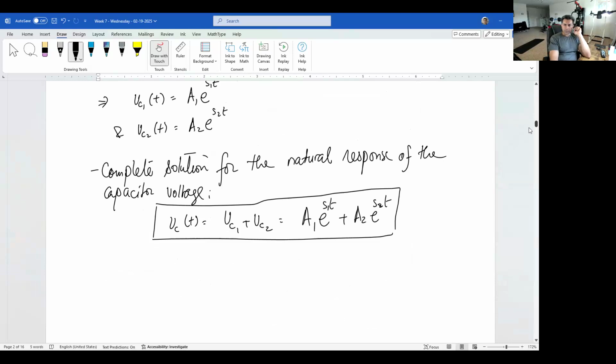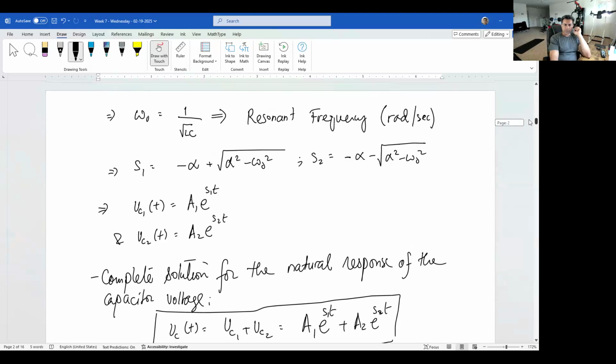Now S1 and S2, as you can see, are negative alpha plus the square root of alpha squared minus omega naught squared, and negative alpha minus the square root of alpha squared minus omega naught squared. Based on the values of Napier frequency, alpha, and resonant frequency, omega naught, you can have three situations. You can have three solutions.